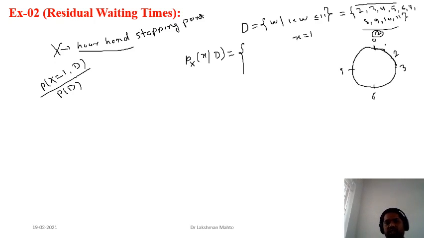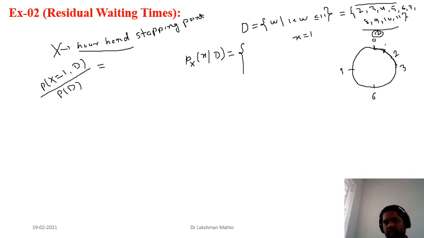Then if you have already seen, how can you calculate? Just try to see in how many ways x equal to 1 is happening in d. When you have already seen this d is taking minute 2 3 4 5 6 7 8 9 10 11, and x equal to 1 is happening here.